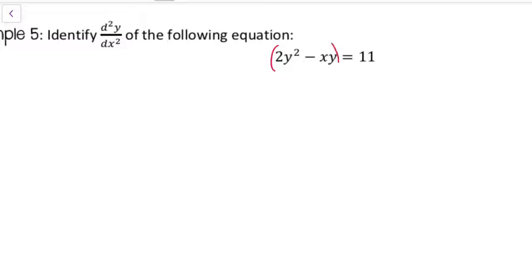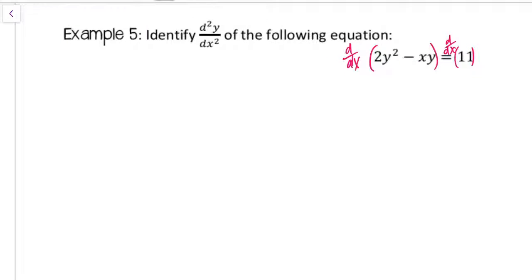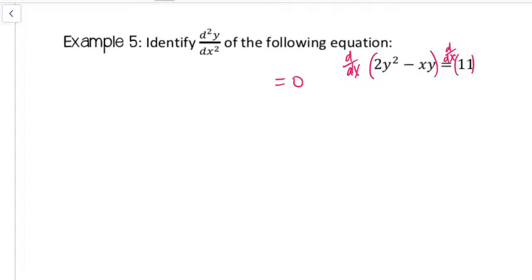So just like we've been doing, we take the derivative with respect to x of both sides. Doing so on the right-hand side, the derivative of 11, that's nice and easy, that's 0. On the left, the derivative of 2y squared is going to be 4y times dy dx. And then finding the derivative of xy is going to involve a little bit of product rule.